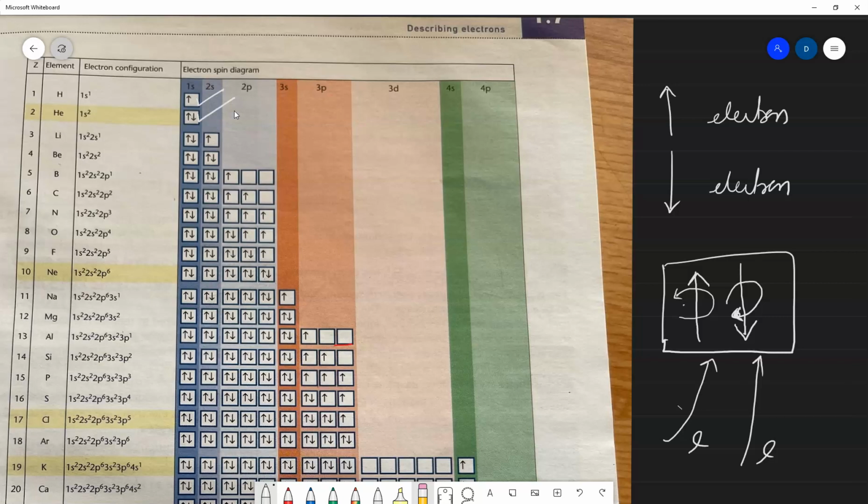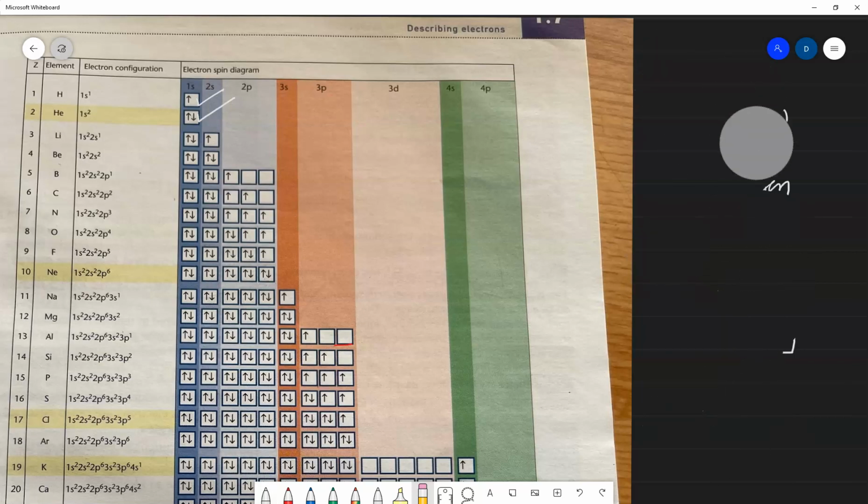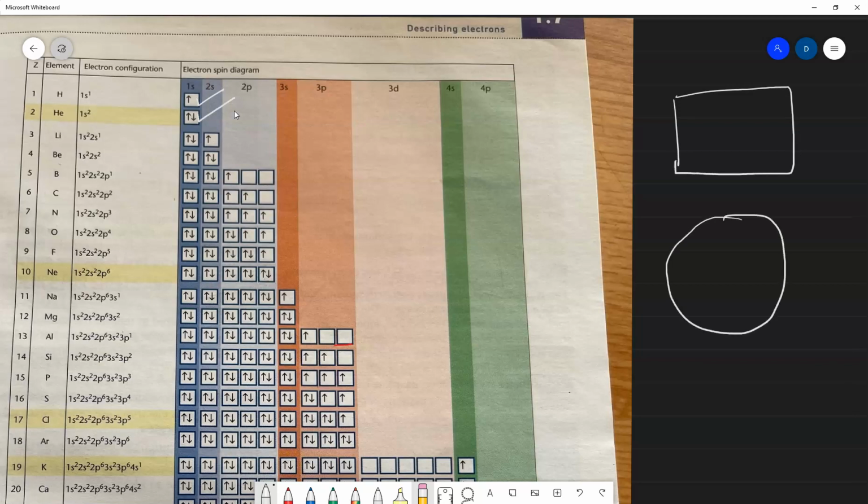So keep in mind, whenever an electron enters an orbital, here you've got an orbital. Now we know that an orbital is shown as a rectangle. You don't have to show an orbital in the shape of a sphere, a dumbbell, or a donut.